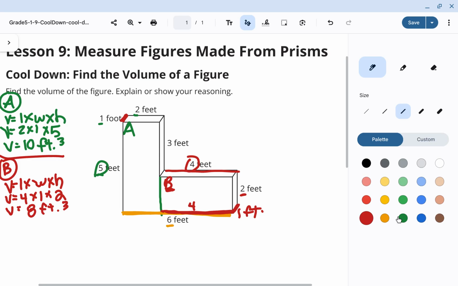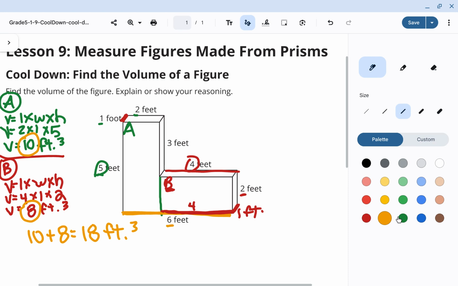All right, I have got those two numbers. What I must do is join those together. So I see that prism A was 10 feet. Prism B is 8 feet. Well, of course, we know that 8 plus 10 is 18, and we remember that we always report volume in units cubed. So that is 18 feet cubed.